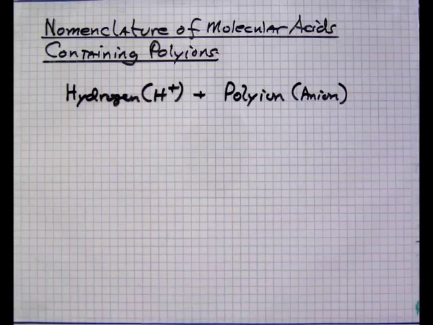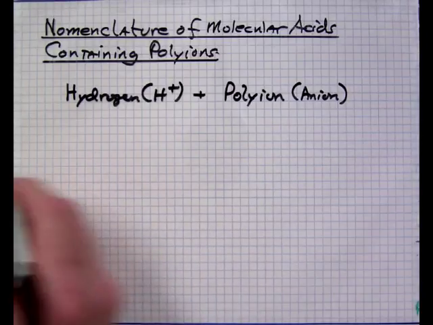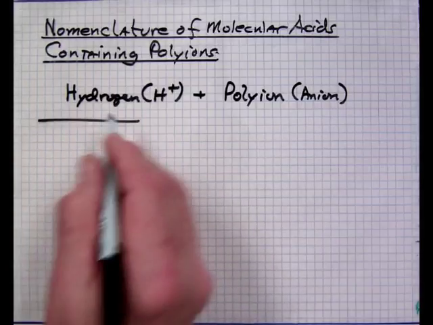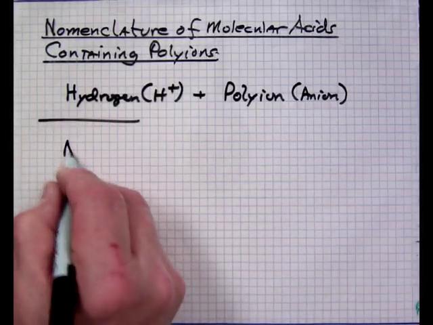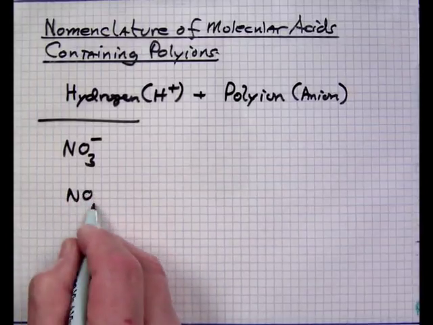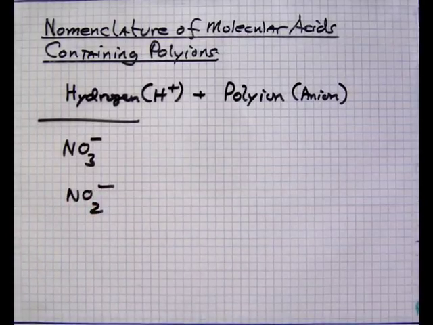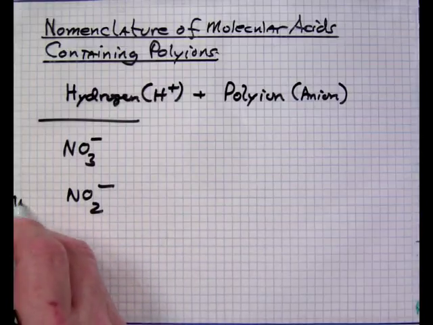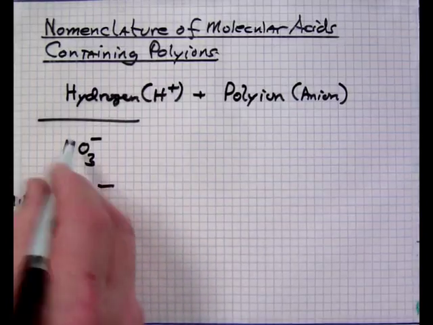Okay? So if you have a polyion of, and I'll come over here, nitrate, NO3 minus, and NO2 minus. Okay? This is nitrite, and this is nitrate.